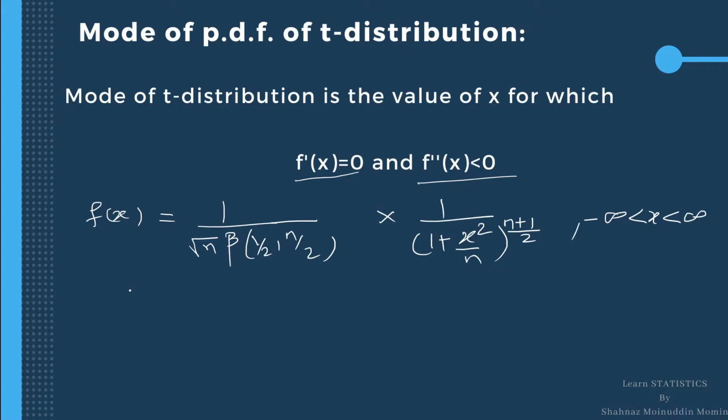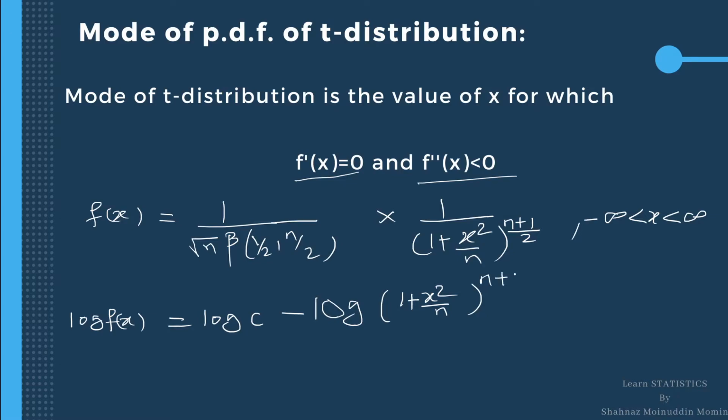Now we will take logarithm on both the sides in order to simplify the form of PDF. So log f x is equal to log of c minus log of 1 plus x square by n raised to n plus 1 upon 2.